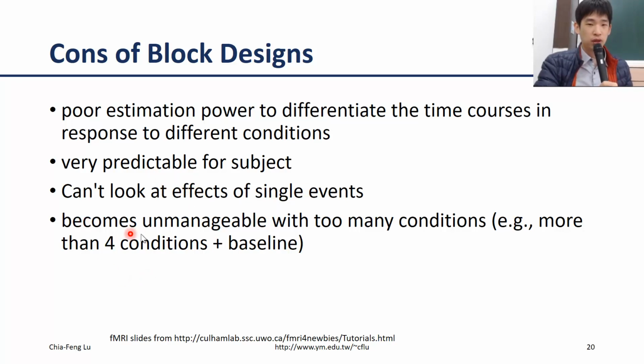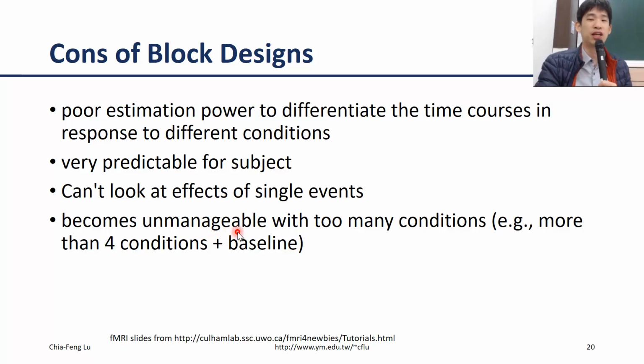Okay. And finally, if you have so many conditions, for example, not simply right hand grasping and left hand grasping, but maybe left ankle dorsiflexion and right ankle dorsiflexion, with 4 conditions, then when you're using the block design, the scan time will be very, very long.